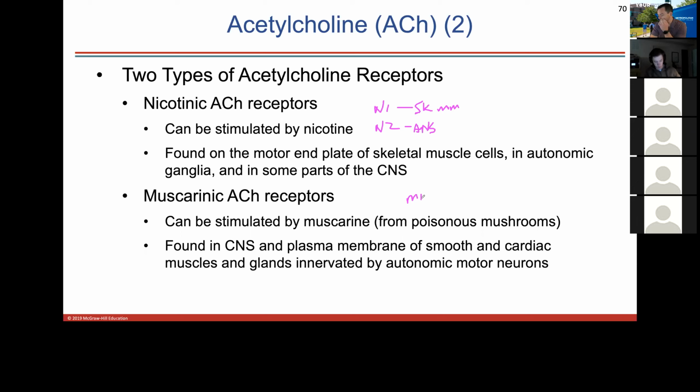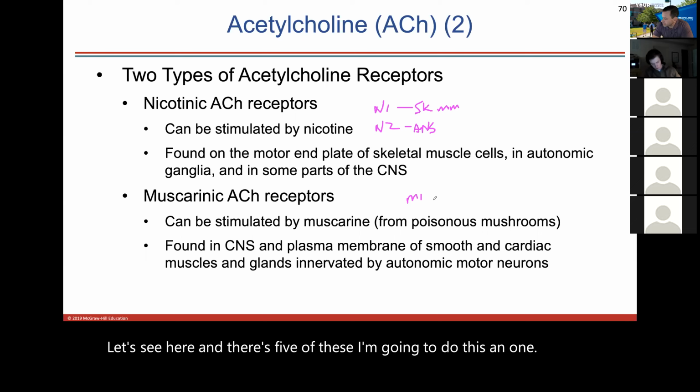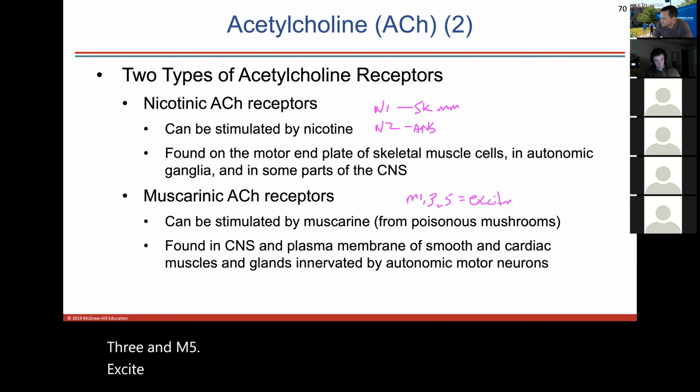Let's see here. There's 5 of these. I'm going to do this. M1, M3, and M5 excite. M2 and M4 inhibit. There's 5 of these.